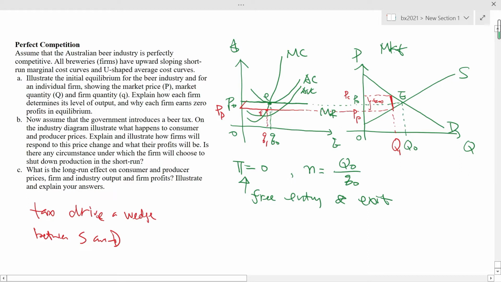Okay. So what's the total cost? Go from the quantity up to the average cost curve and read out the average cost. Now we see that this firm is making a loss, profit is negative.